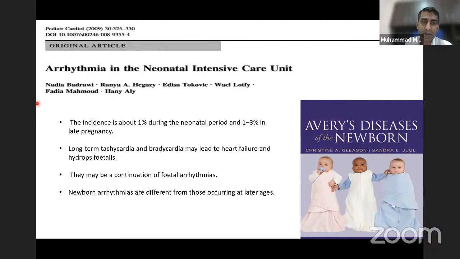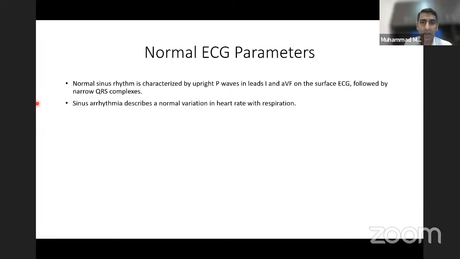They face different kinds of arrhythmia, and the natural history and etiology are totally different. So we should be very specific about the neonatal period. I will show some ECGs and try to define them.